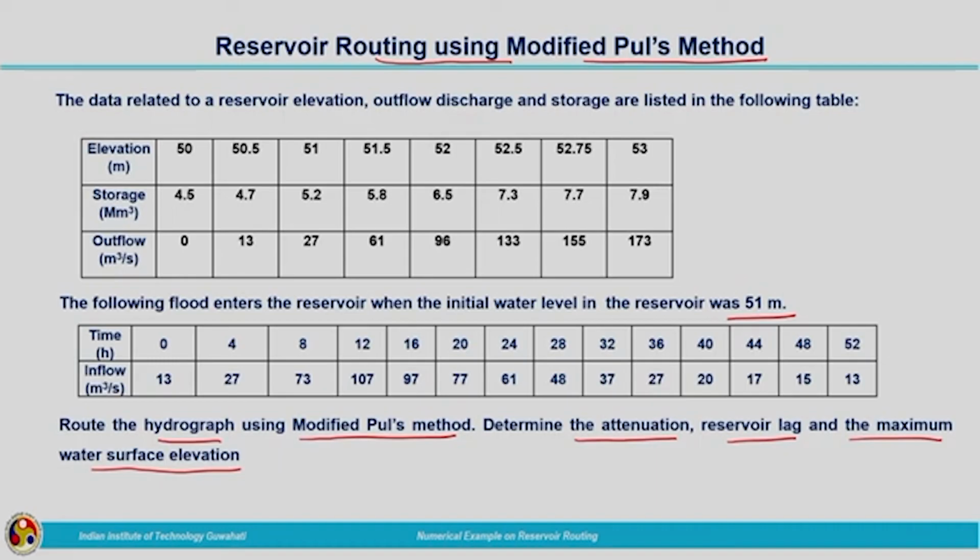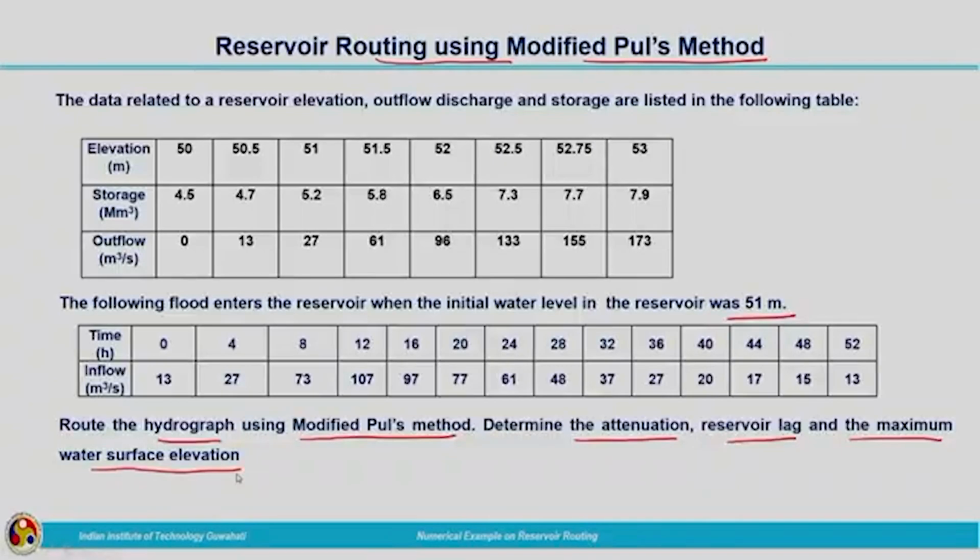We have been given the details related to storage and outflow with respect to elevation, and also the inflow hydrograph is given to you. Now we need to route the flood and find out the outflow hydrograph. After finding the outflow hydrograph, we need to find out how much reduction has taken place in the peak values, and also the reservoir lag and the water surface elevation.